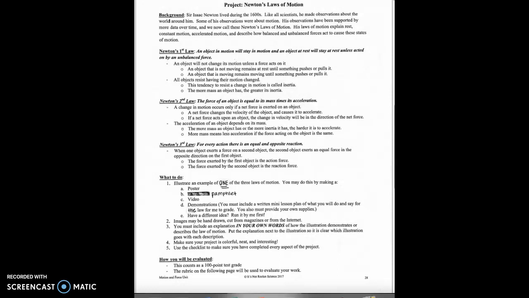You may want to include a real life article that you get from Newsela or off the internet, CK12, about kicking some type of sports ball and why you did it in the classroom. I don't want you to just kick the soccer ball and then talk about it. You need to have some type of visual aid that the other students in the room can use to help them understand your law.